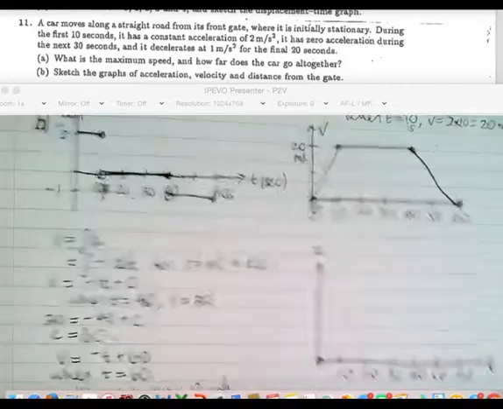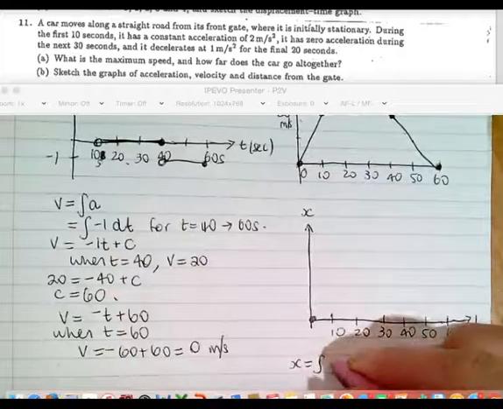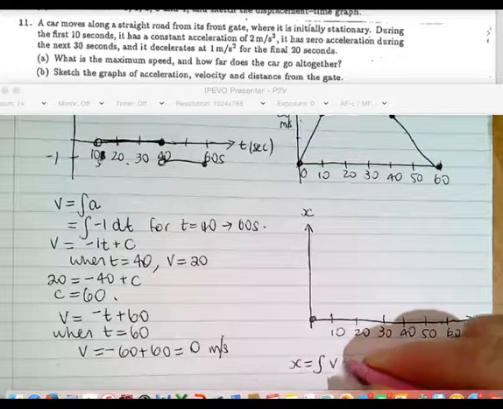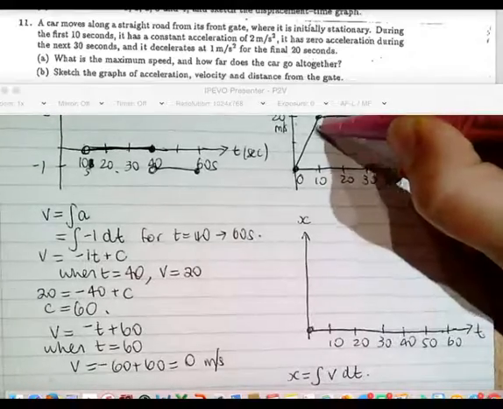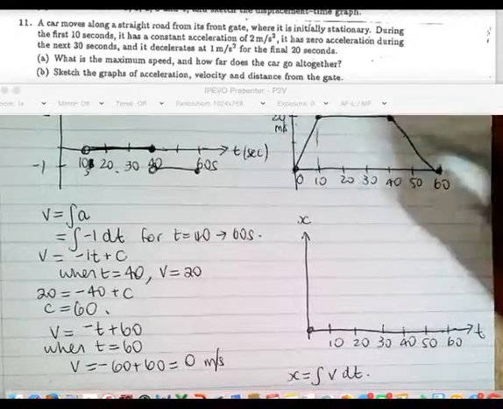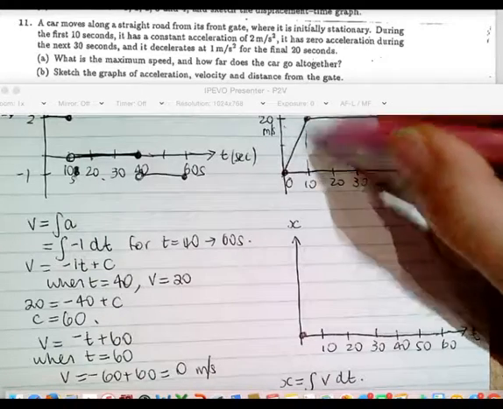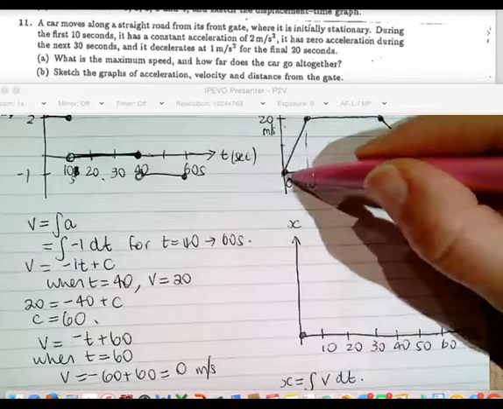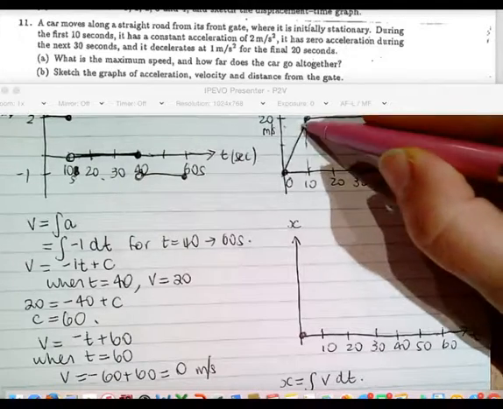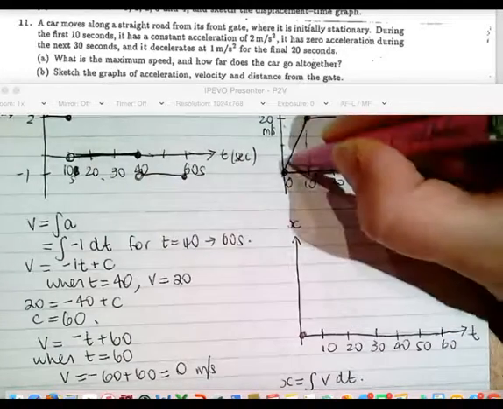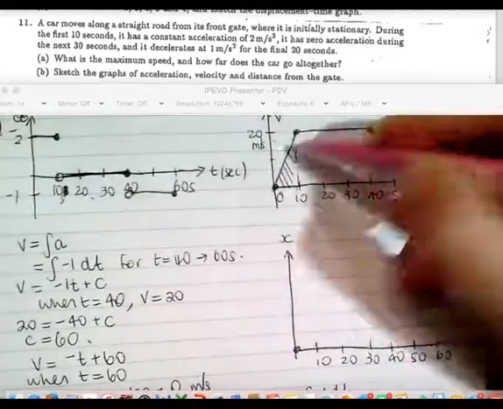Now, we also know that to find x, it's the integral of the velocity curve with respect to time. I could work out the equation of this line and integrate between 0 and 10. But when you integrate, you're actually finding the area beneath the curve. It's much easier to find the area beneath that curve by doing the area of the triangle.